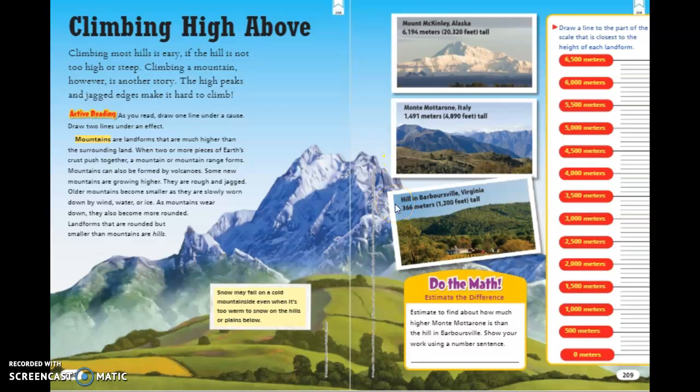Then we need to find out how tall Barboursville is. I know that that is 400 meters. I also know that I'm estimating the difference. When I find the difference, I'm going to subtract. So I'm going to take 1,500 meters minus 400 meters to find my answer. My answer is 1,100 meters.